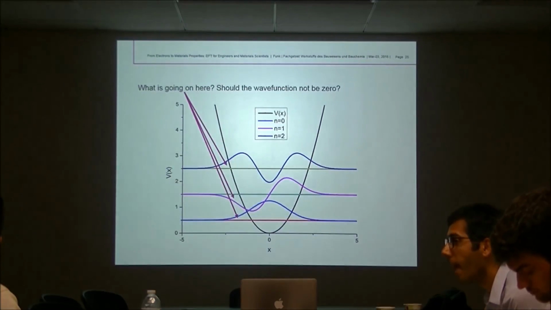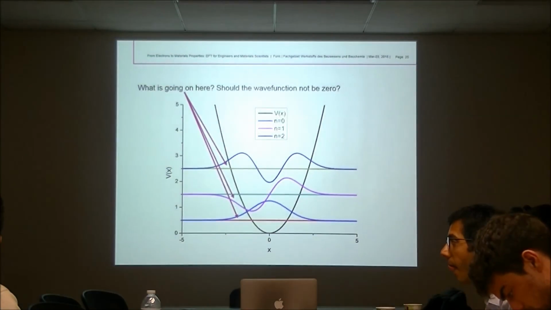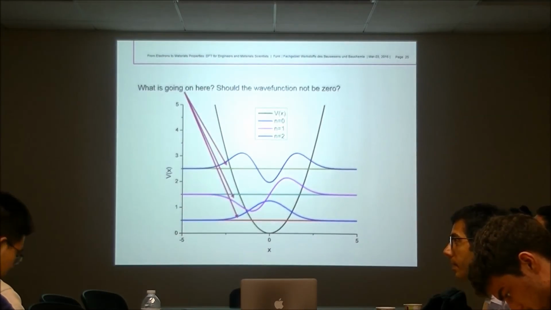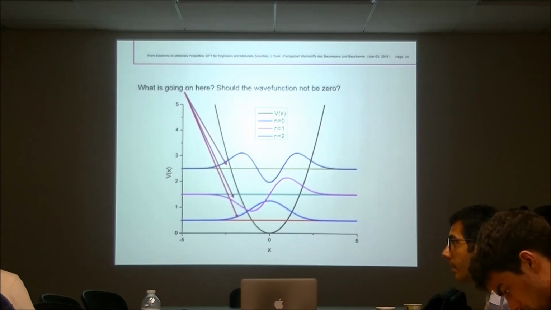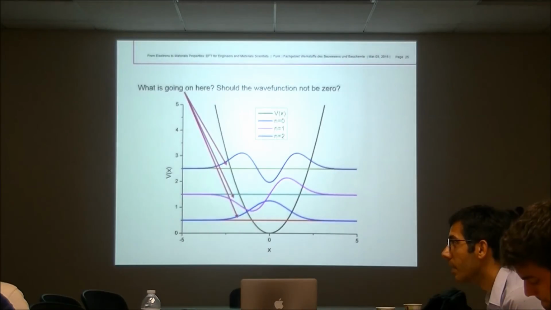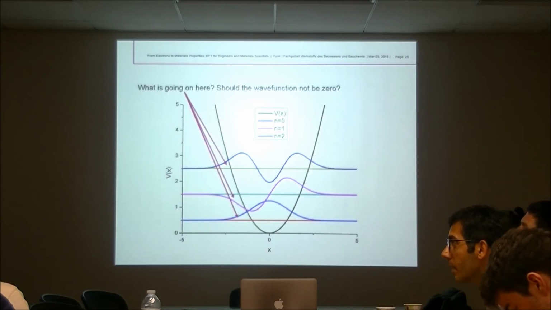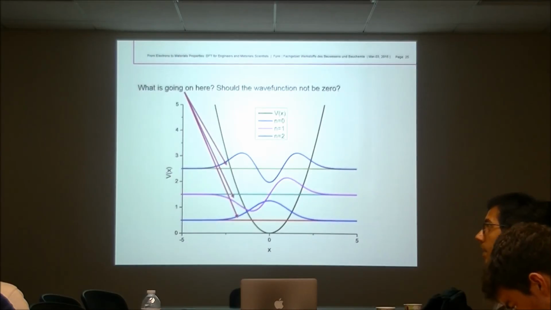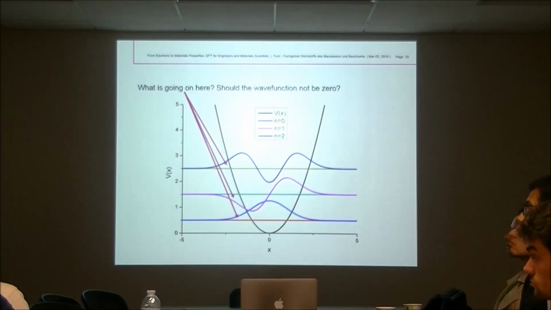Well, if we have an observable operator 1 and another one, 2, then their commutator is just the product O1 O2 minus the product O2 O1. Should be 0 all the time, shouldn't it? But of course, it is not.